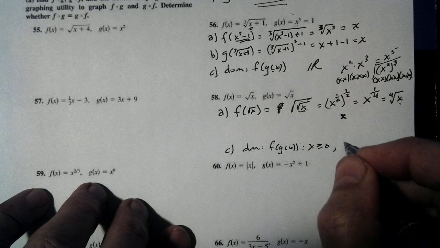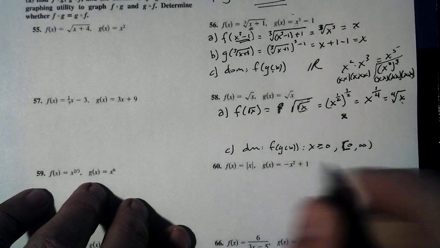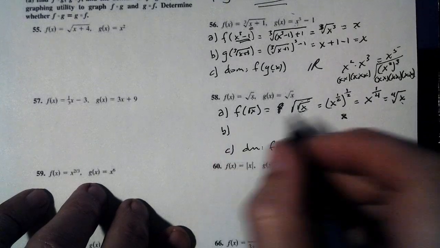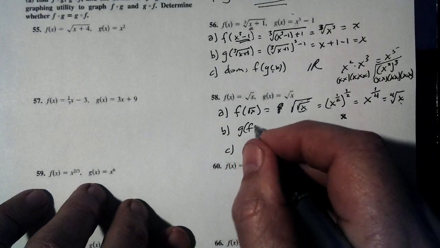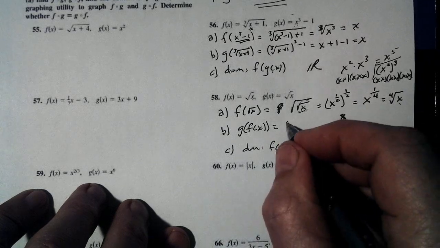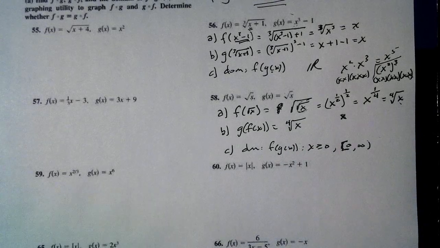That, of course, could be written as 0 including 0 to infinity. Part B, g of f. Well, g of f of x is going to end up being the same thing in this instance. I think that's pretty clear.